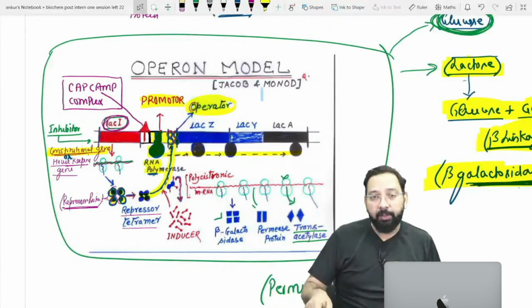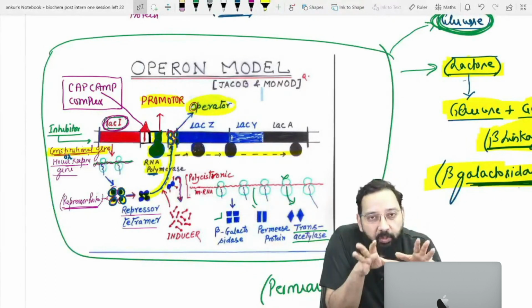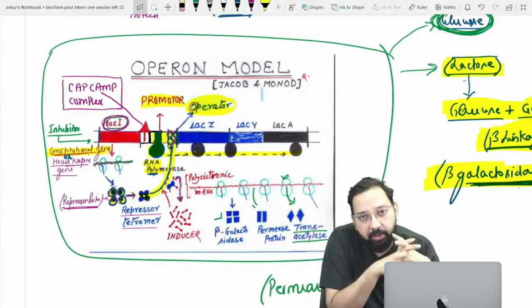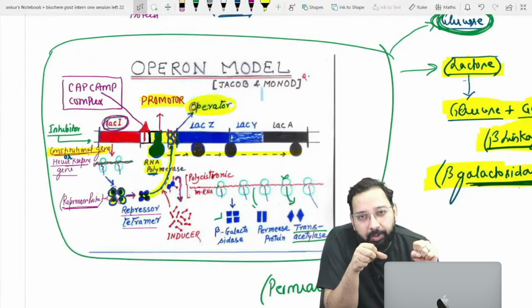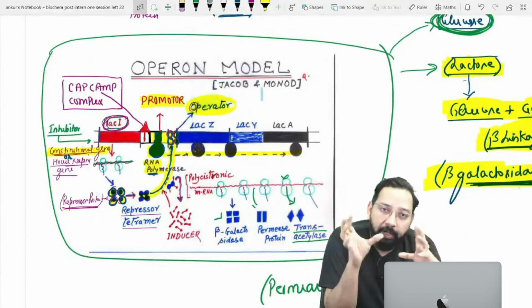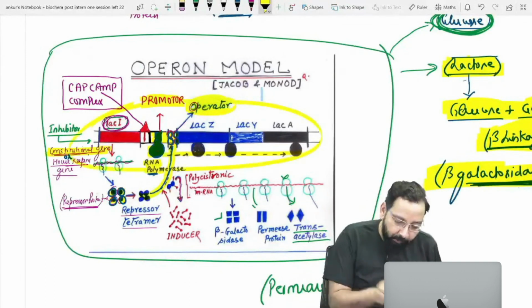We found that E. coli normally utilizes glucose, but in adverse conditions it can also utilize lactose. To utilize lactose, all the genes which are required are present in E. coli in a linear sequence.